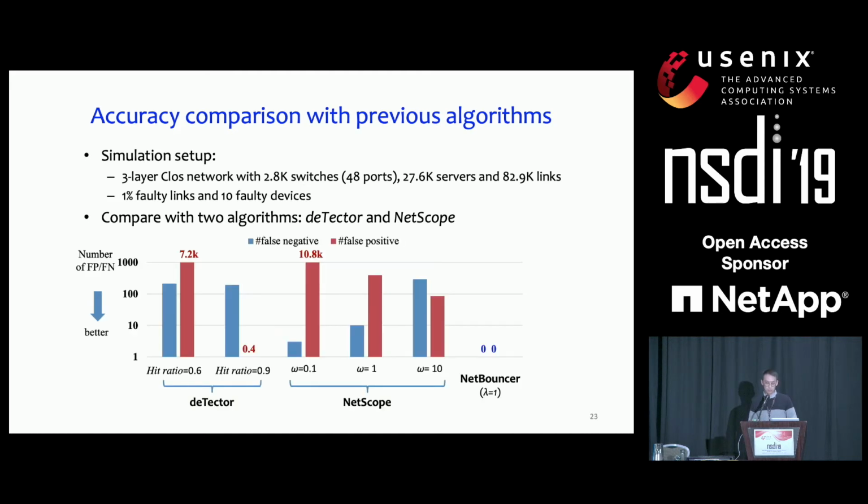Here are the results. The blue bars are the number of false negatives, and the red bars are the number of false positives. The y-axis is in log scale. The last cluster is NetBouncer. We have 0 false positives and 0 false negatives in this particular experiment. However, we cannot guarantee 0 false positives or negatives, and we do experience some in other experiments.